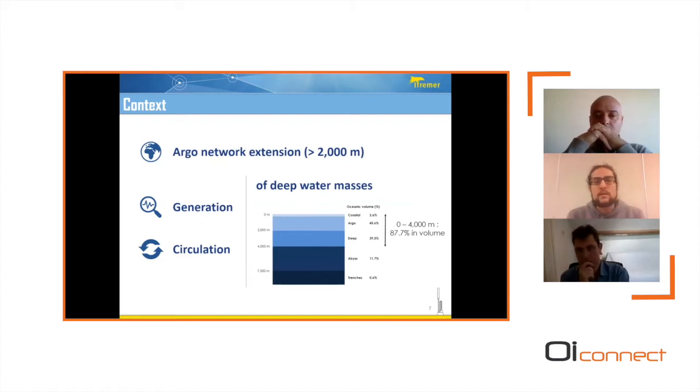Over the last decade, requirements for the scientists evolved. They do want more data about deeper water masses, at least from 4,000 meters. So we had to develop an equipment which is able to reach such a depth.